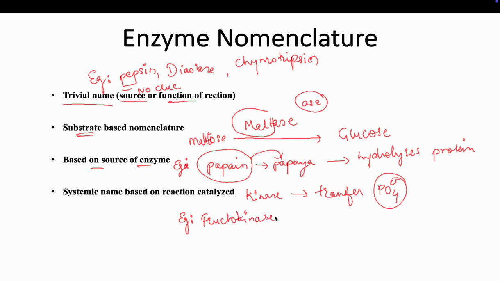The substrate here is fructose, which is converted to fructose 1-phosphate with the help of fructose 1-phosphate kinase.